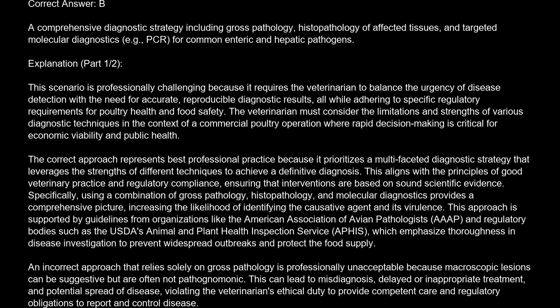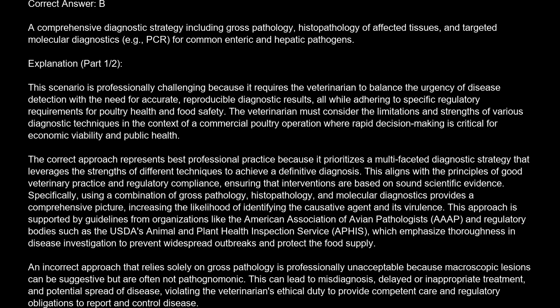This aligns with the principles of good veterinary practice and regulatory compliance, ensuring that interventions are based on sound scientific evidence. Specifically, using a combination of gross pathology, histopathology, and molecular diagnostics provides a comprehensive picture, increasing the likelihood of identifying the causative agent and its virulence.